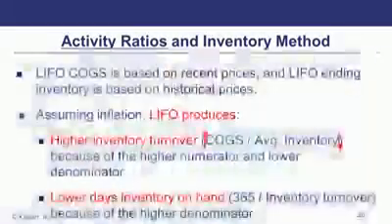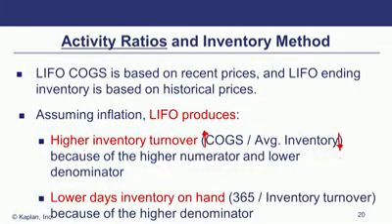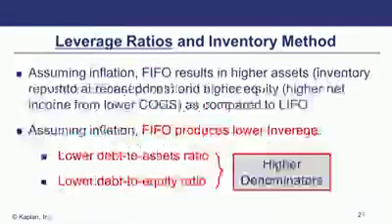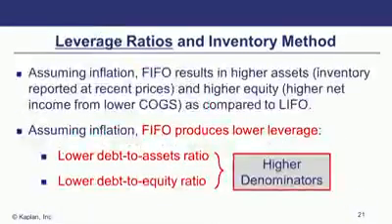Now, 365 divided by inventory turnover, so the higher inventory turnover is, the lower the days of inventory on hand is. So, as we said, LIFO gives you a higher inventory turnover, so it must give you lower days of inventory on hand. Now let's turn to our leverage ratios, really our solvency ratios, looking at our debt to equity levels.